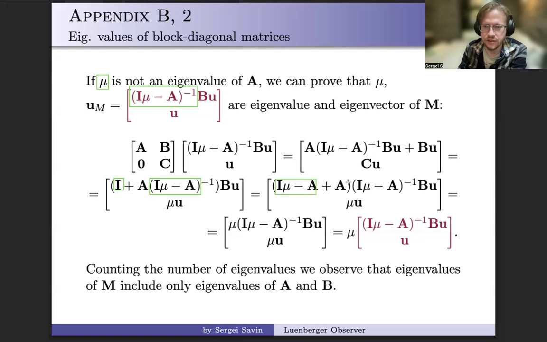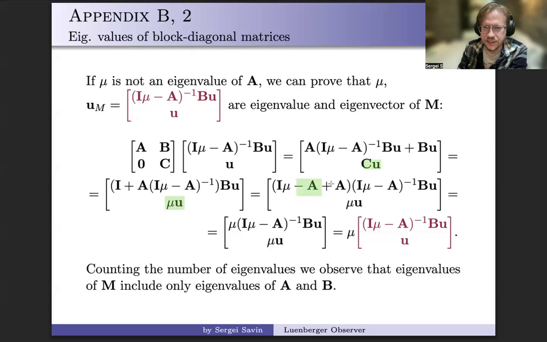So I mu minus A and I mu minus A inverse we take out of the brackets. Here it is, right? And this A remains in the brackets here. Okay, that's what we did. And the downstairs C times U is by definition equal to mu times U because U is an eigenvector of C with eigenvalue mu.